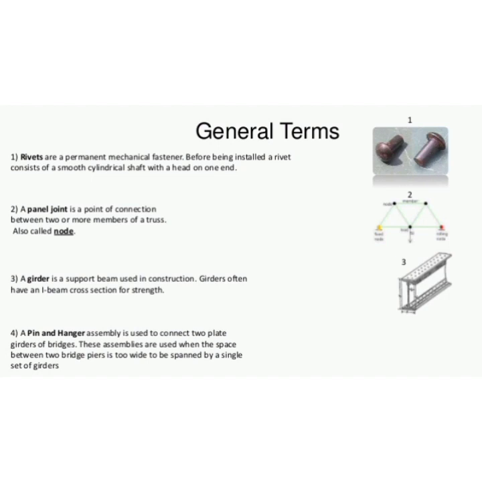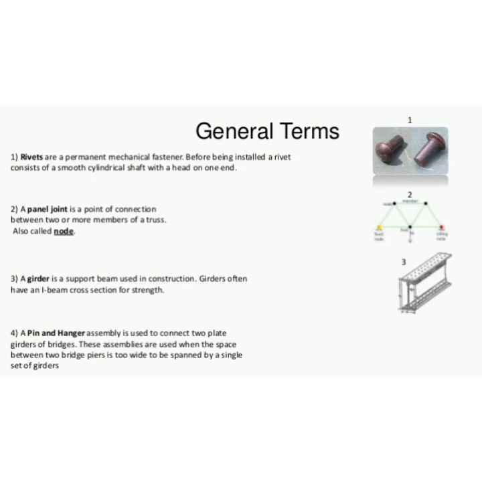A panel joint is a point of connection between two or more members of a truss, also called a node. A girder is a support beam used in construction. Girders often have an I-beam cross section for strength.